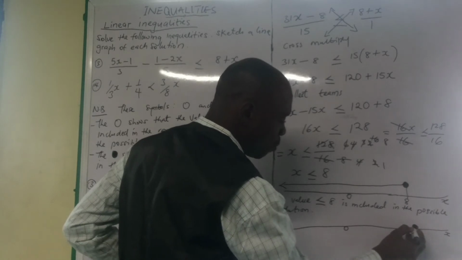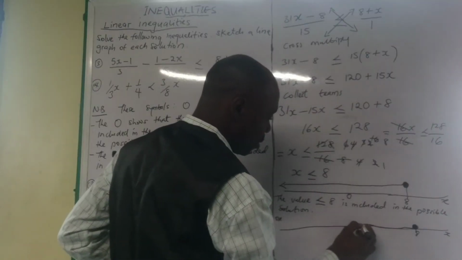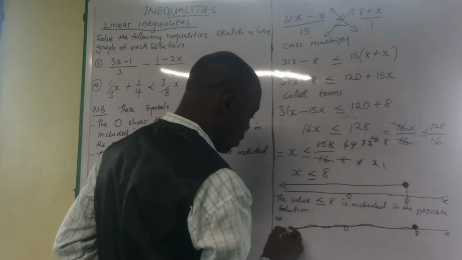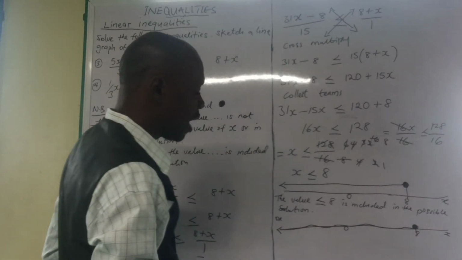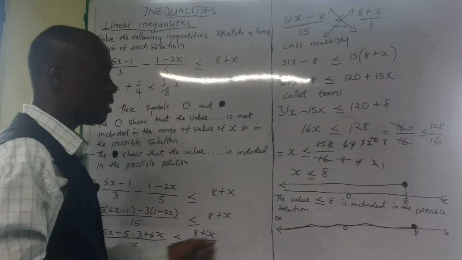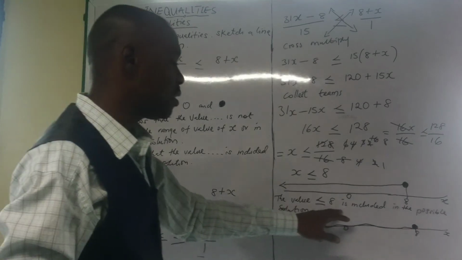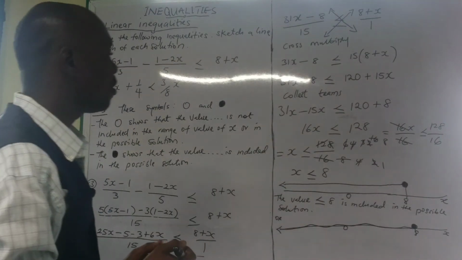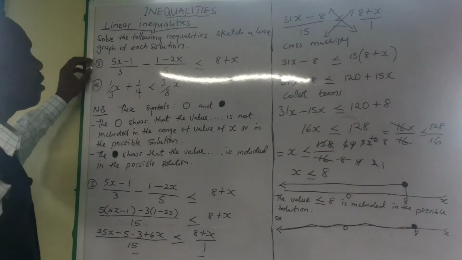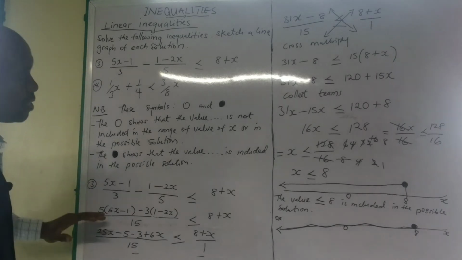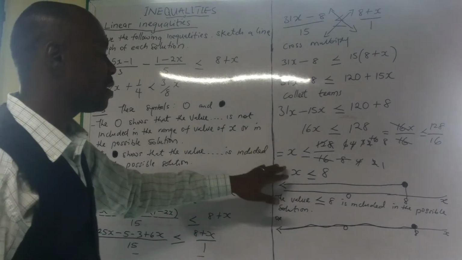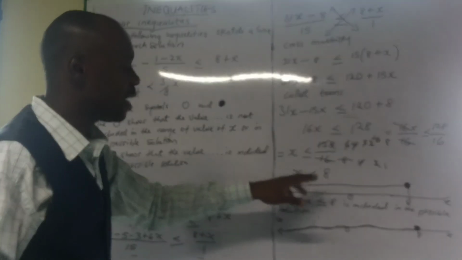Then the line too will be parallel to this line. So that's to show the value less than or equal to 8 is included in the possible solution for this question 3 workings and the answer. Our answer is x less than or equal to 8.